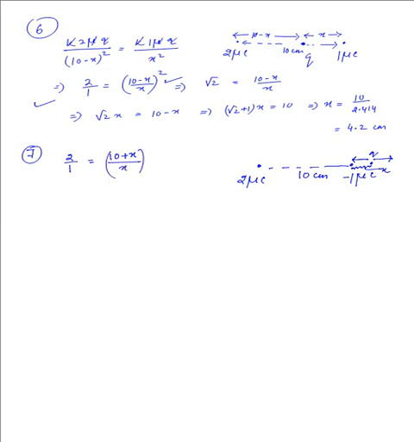And this is 10 plus x over x whole squared. So the same condition, only the difference in distance as opposed to the previous case. So now this is root 2, and this is 10 plus x over x. That gives me root 2x is equal to 10 plus x.